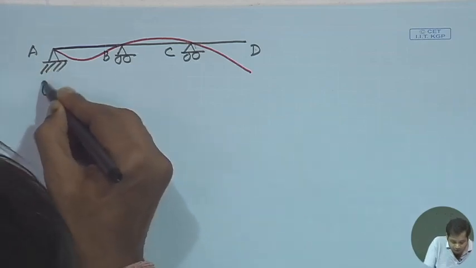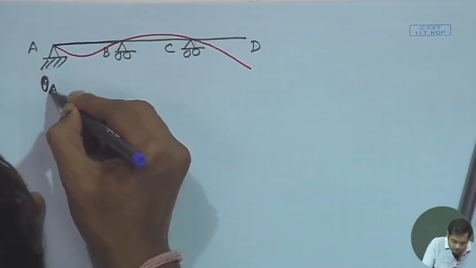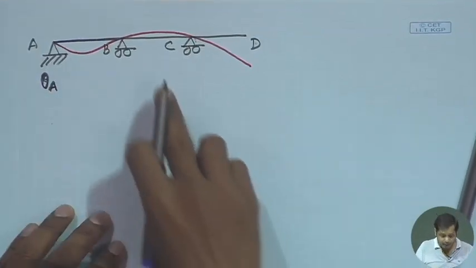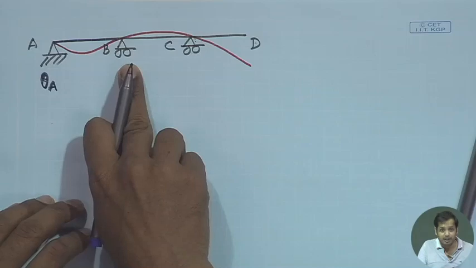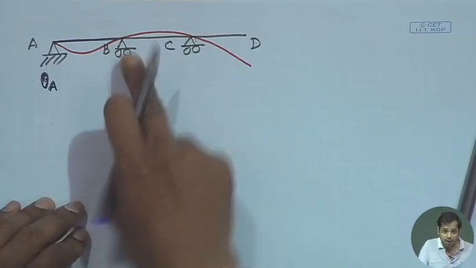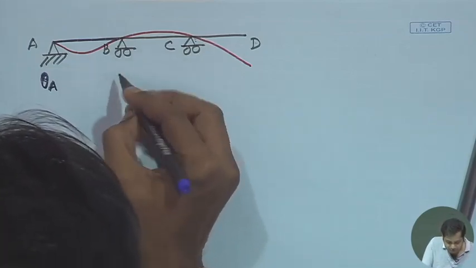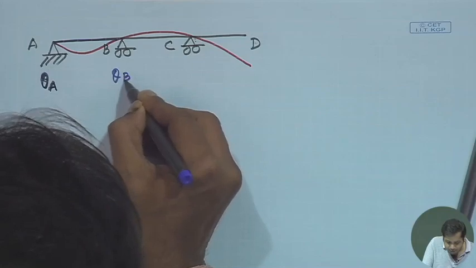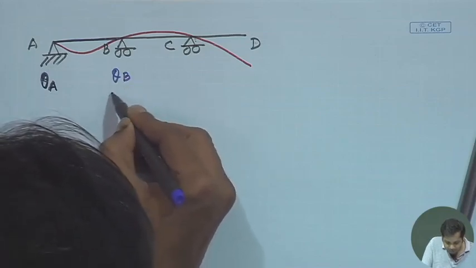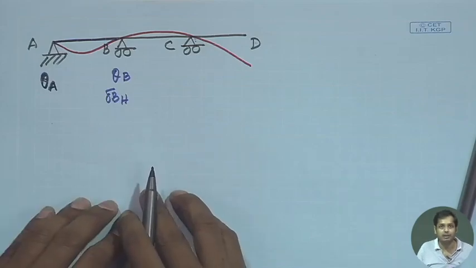Only theta A is allowed. Similarly, at B, translation is allowed and rotation is allowed. So what is allowed here is theta B, and delta B horizontal movement is allowed.